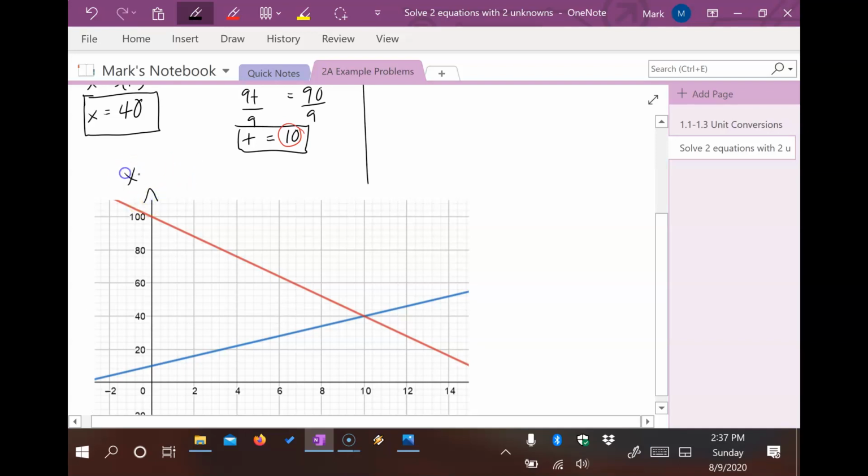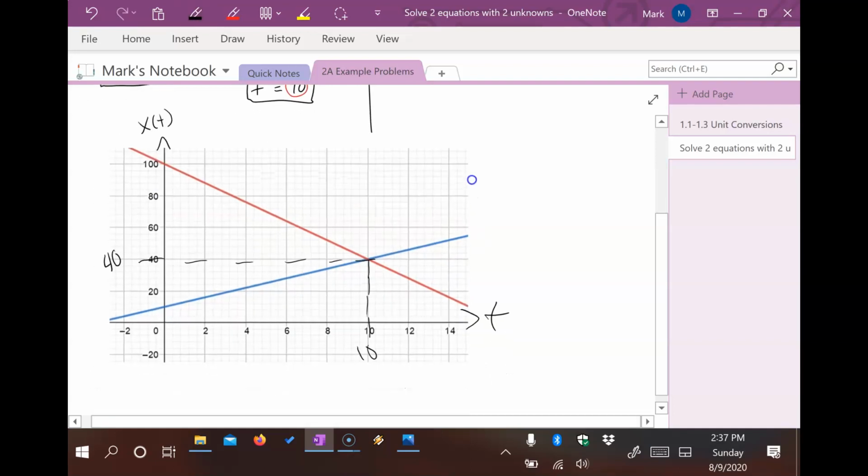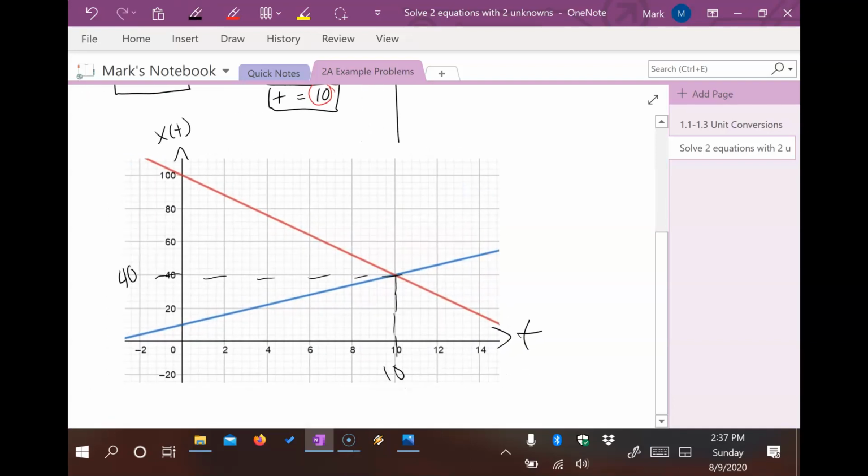The position x as a function of t, and we see that one equation is the blue line, one equation is the red line, and at exactly t equals 10 seconds, both of these equations are at 40 at 10 seconds. So those are the values that satisfy those two equations.